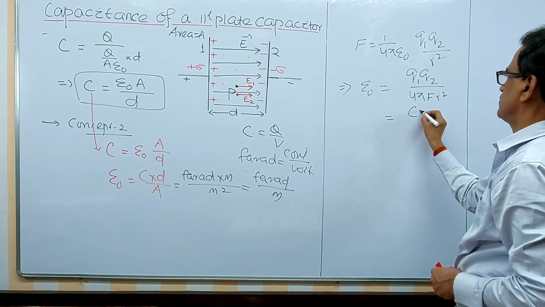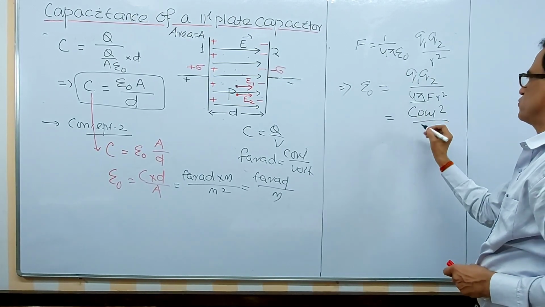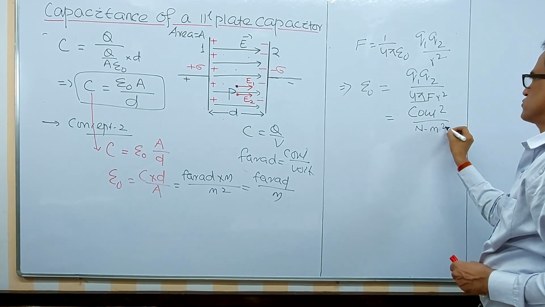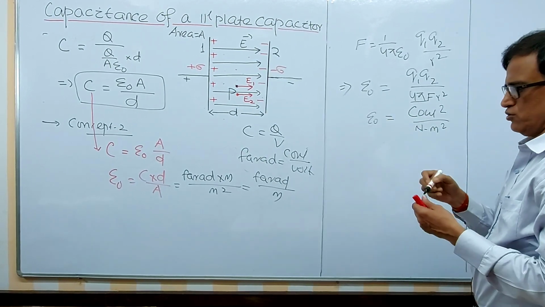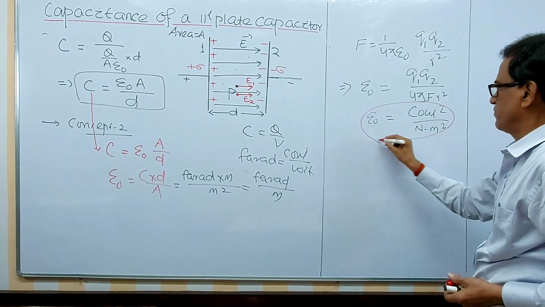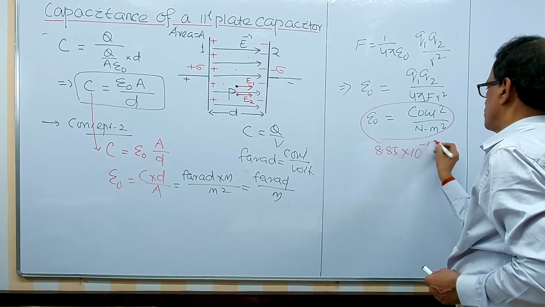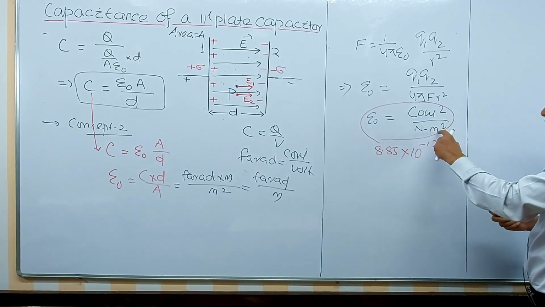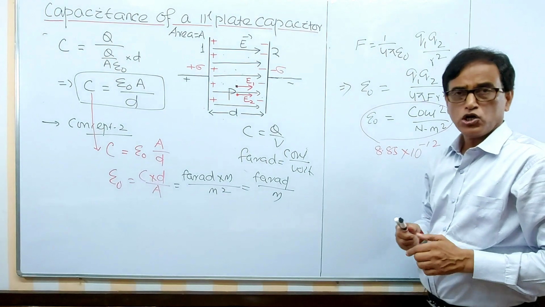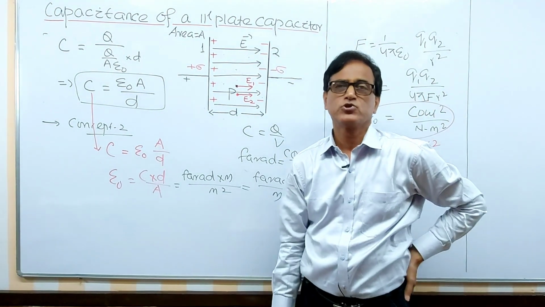That's why the unit is Coulomb square, Coulomb into Coulomb, 4 pi has no unit, over Newton meter square. That is the unit of epsilon 0, and its value is 8.85 into 10 to the power minus 12 Coulomb square by Newton meter square. To check your concept, you may be asked a question like this.